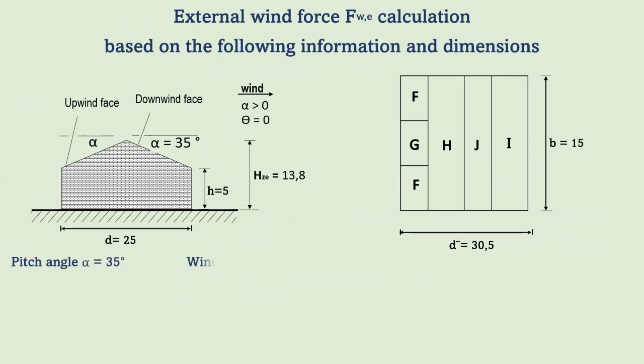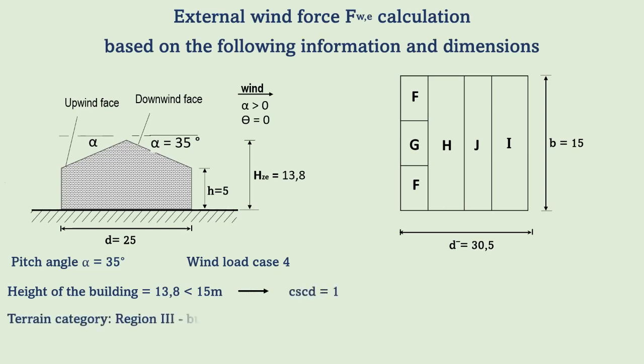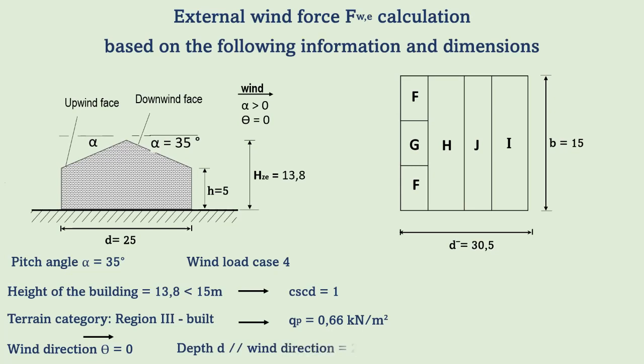Pitch angle alpha 35 degree, wind load case 4, height of the building less than 15 meter, thus CSCD equals 1, terrain category region 3 built, thus QP from the table of peak velocity pressure as a function of height equals 0.66 kN per square meter, wind direction 0, D is the depth of the building parallel to the wind direction equal to 25 meter, and B is the width of the building perpendicular to the wind direction equal to 15 meter.